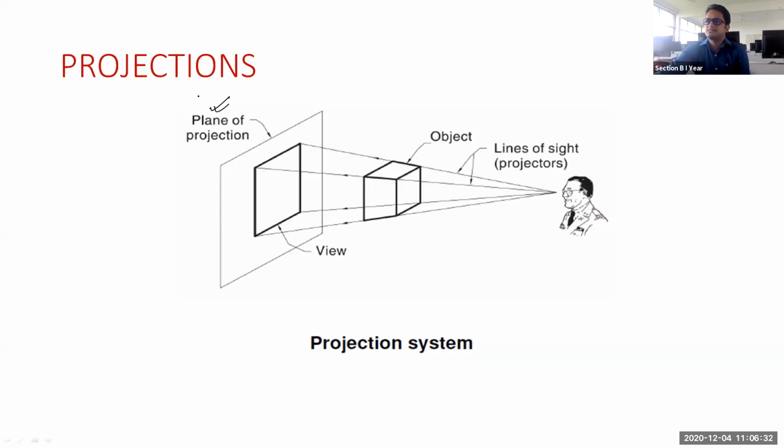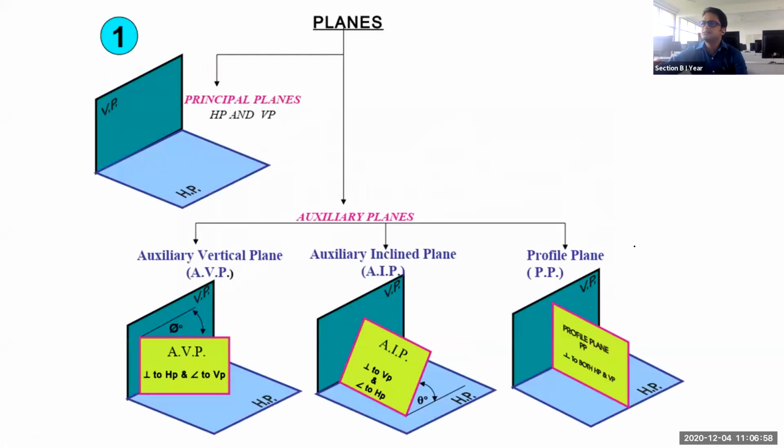Plane of projection is nothing but the screen, in simple language. Object you can see here is placed, and this is your observer. Keep this in mind because this term we will be using afterwards also.